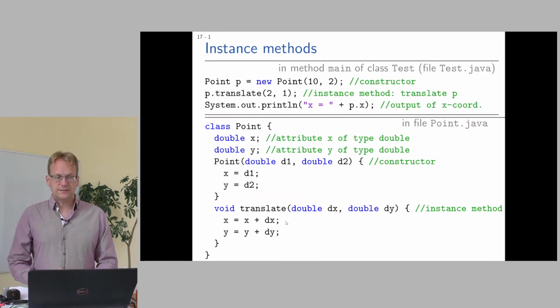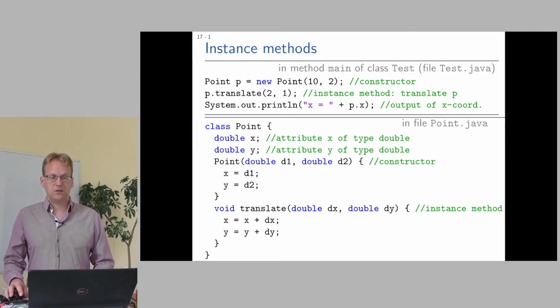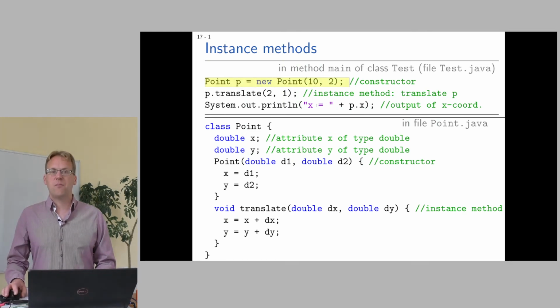Well, what else? Here we have an example of how to use this translate method. It could be 3 lines of code within the public static void main method. What I'm doing is creating a new point object with coordinates 10 and 2.